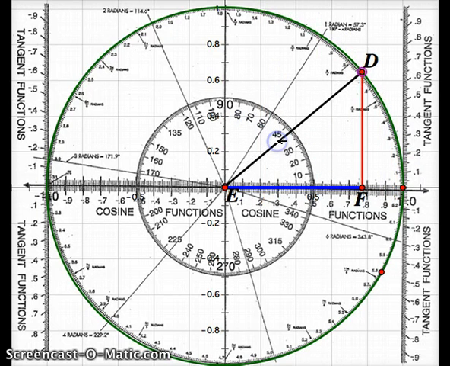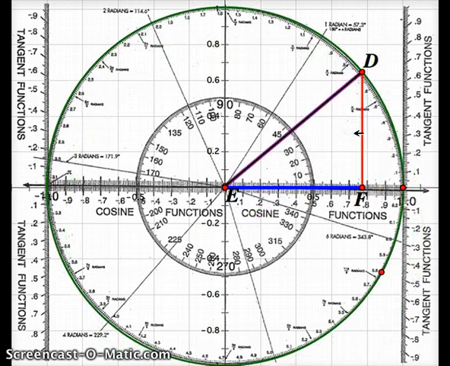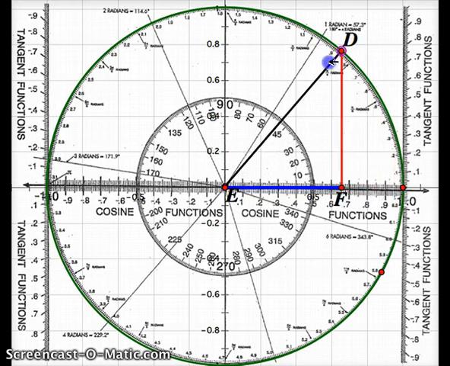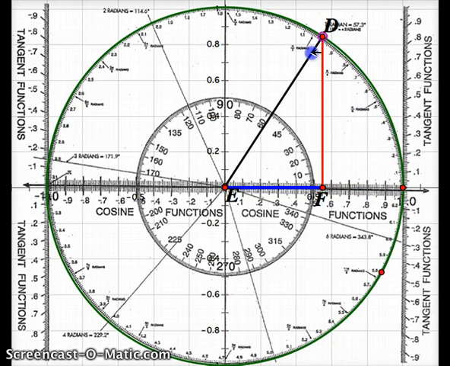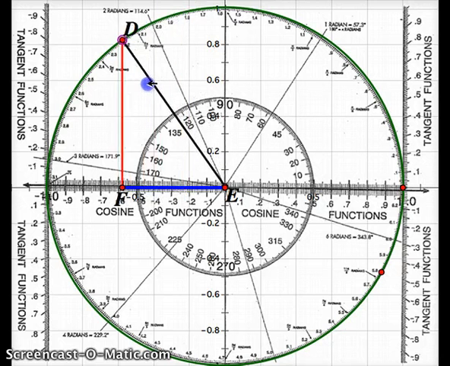Also, if you notice, we have 0 degrees and 0 radians. We have 1 radian, which is close to 57 degrees. We have pi over 2, which is 90 degrees.